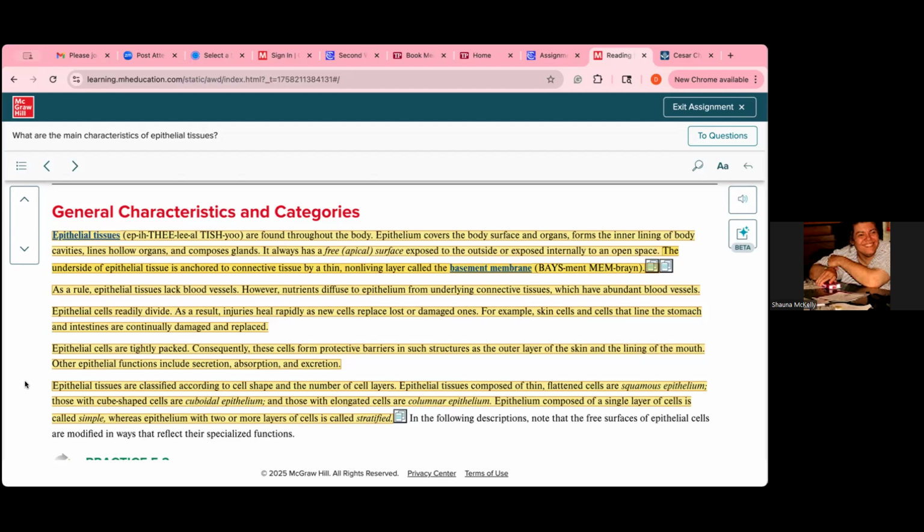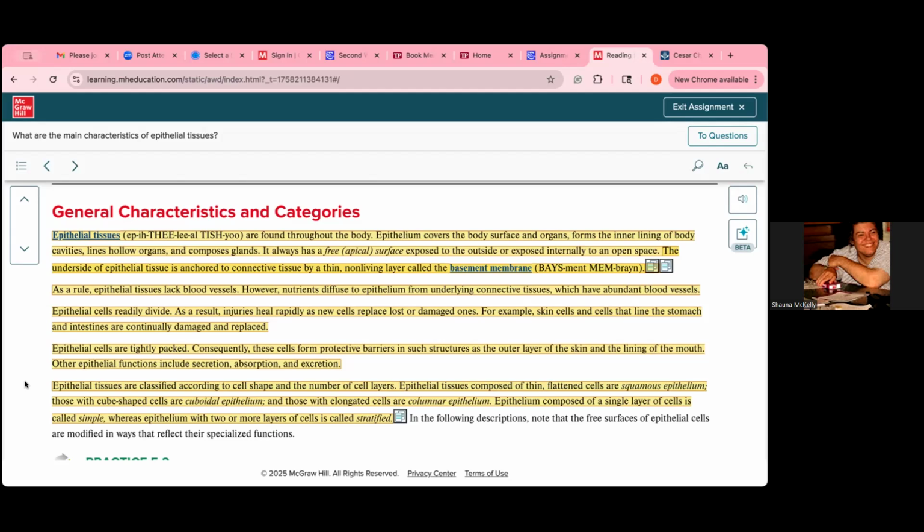They form the inner lining, right? They line hollow organs like your stomach, and they compose glands like your pancreas, for example, or your sweat glands. It also has a free apical surface, exposed to the outside, or exposed internally to an open surface.